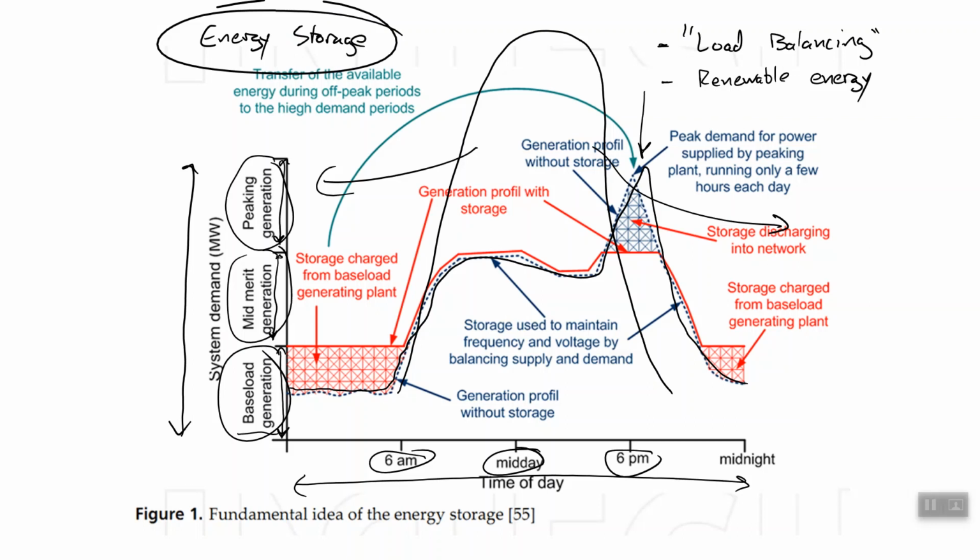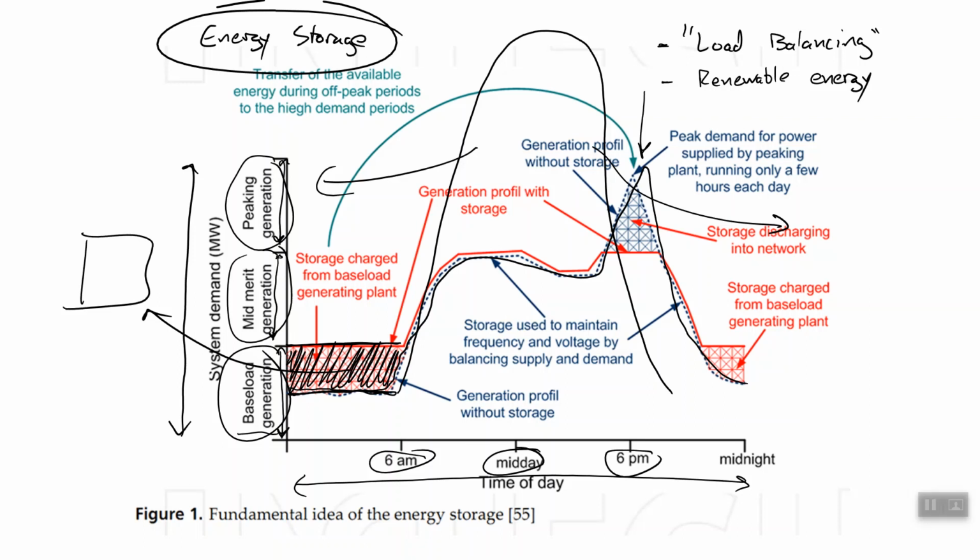Okay, and the way it's depicted in this plot is our load is below the ability of the base load to generate power. And so in this plot, actually, this excess energy generated by the base load, which we never want to turn the base power plants off, we instead store in some sort of technology.